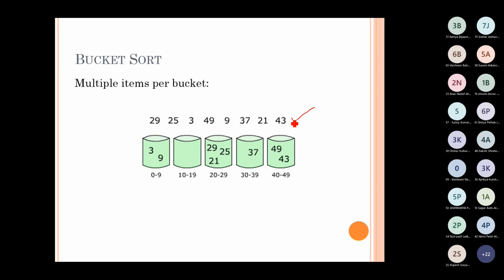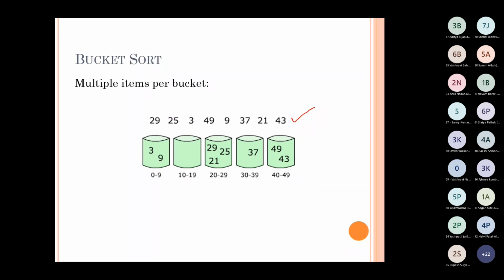So what we have done is, we have not considered the bucket as a single index like we considered here. What we have considered is the range of indices, and we have directly placed the elements into that bucket.